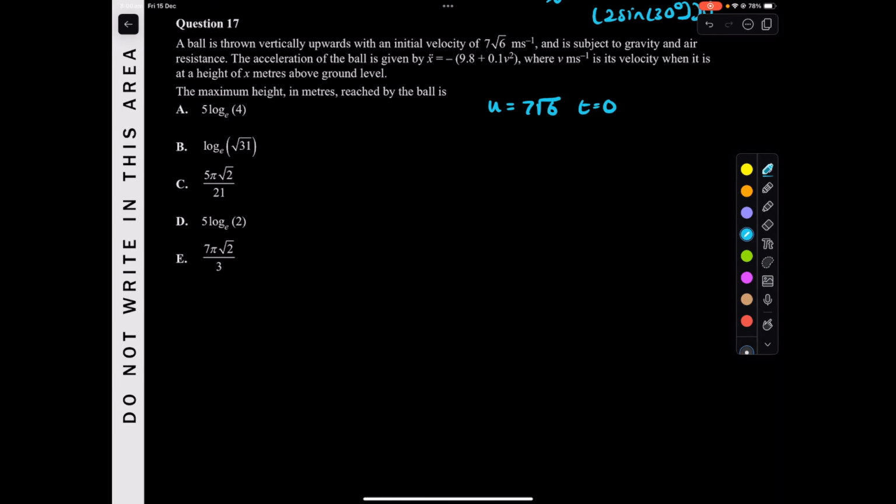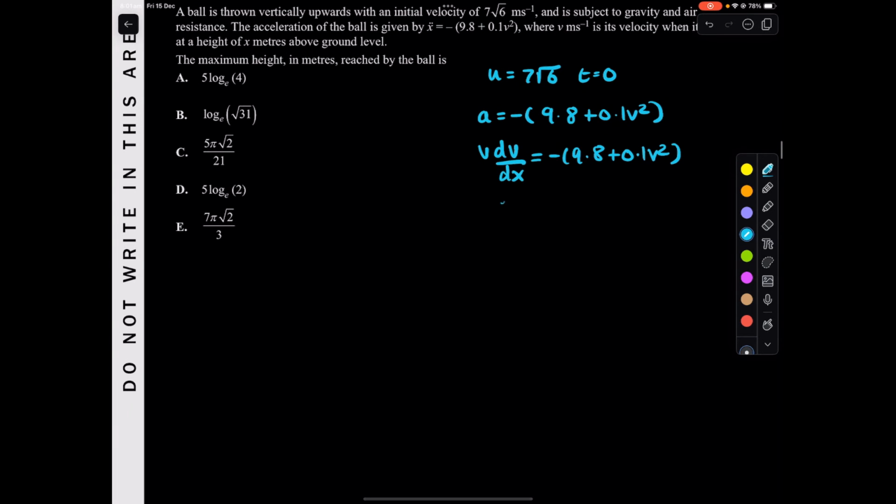And we have our acceleration, which is given by negative 9.8 plus 0.1 V squared. So we have it in terms of velocity, and we want to make sure it's in terms of height because we want the maximum height. If you look at your formula sheet, what comes to mind? V dv/dx is the simplest one that could help us here. So that's your acceleration.